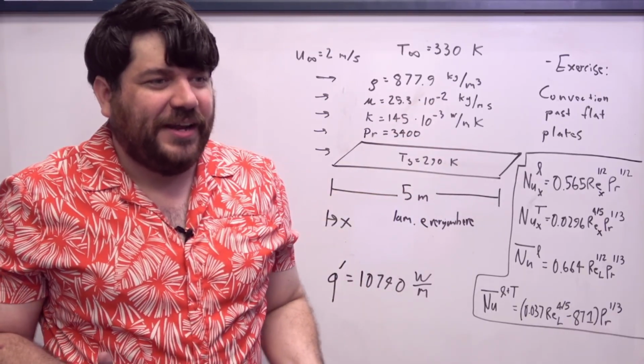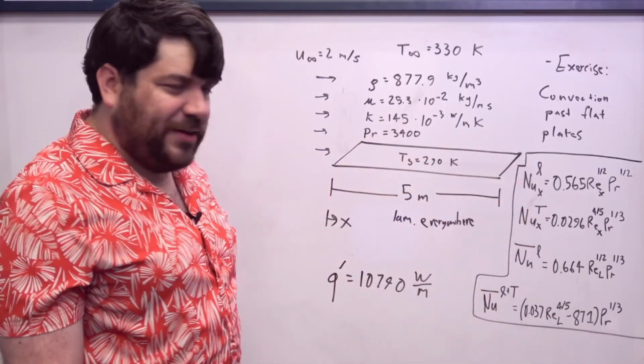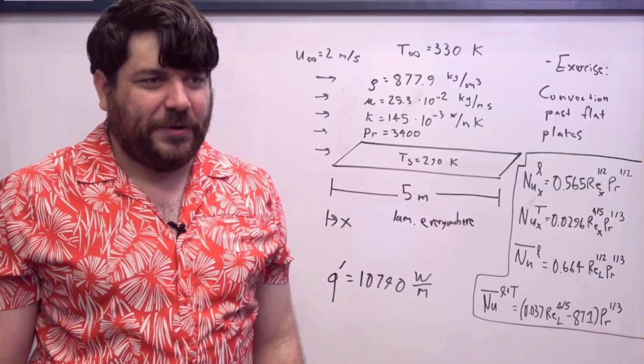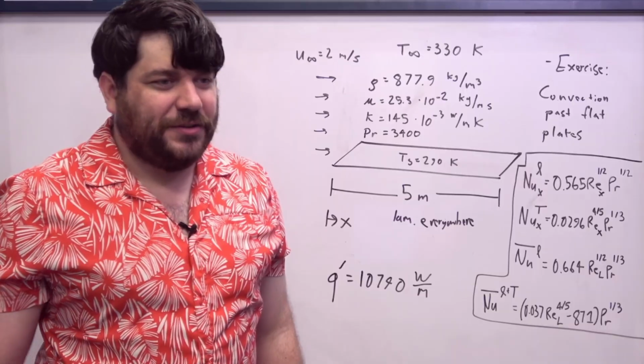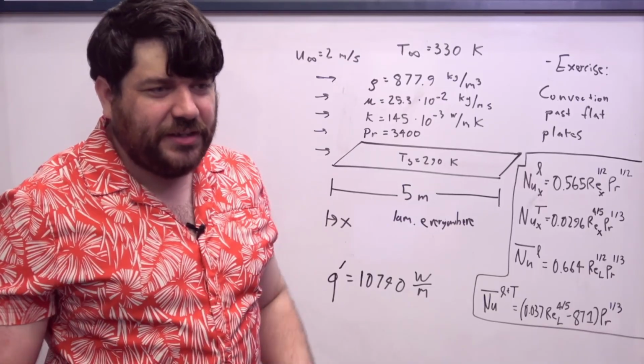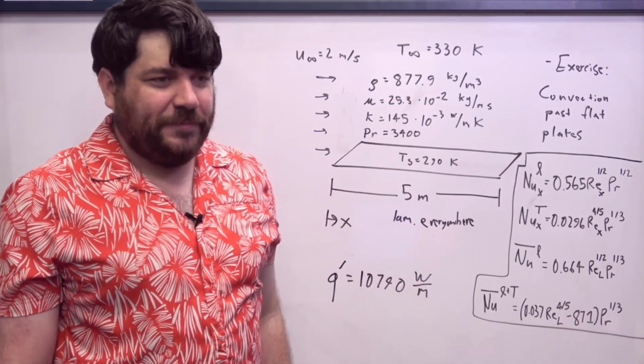Based on your previous analysis of the Reynolds number. You decide which correlation you need to use from the 4 that are listed here, and then you use it to find the appropriate Nusselt number. And then you use the right expression to relate the Nusselt number to the heat transfer coefficient, solve for the heat transfer coefficient, and then everything else that you need comes from there.